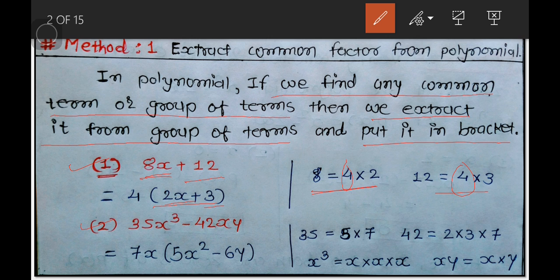Now the second is 35x cube minus 42xy. So we factor both the terms: 35 is equal to 5 into 7, and you can write x cube as x into x into x as you studied, and 42 you can factor as 2 into 3 into 7, and xy as x into y.